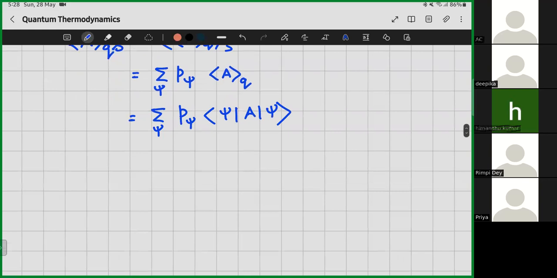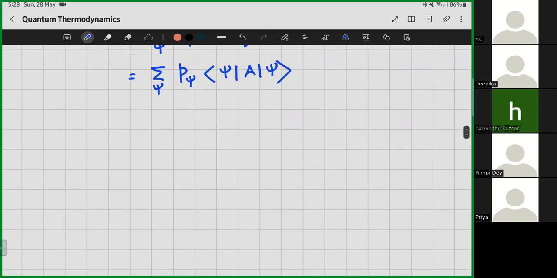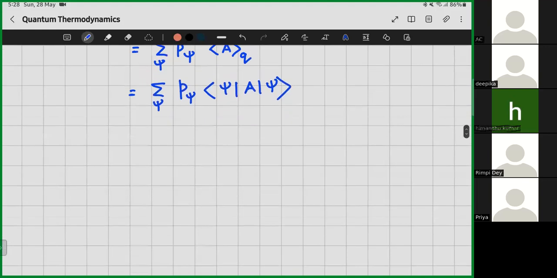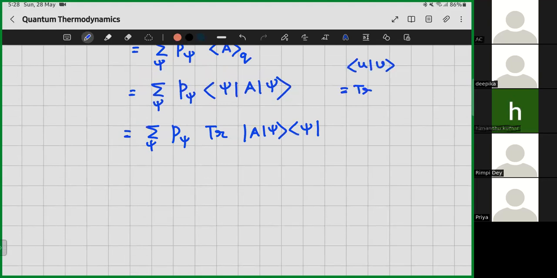this, our quantum statistical average for any observable, where p of psi is the probability of finding the state psi. Now we can write like this: p of psi, trace over A times psi psi, because we know that the inner product of u and v can be written as the trace over v of u.